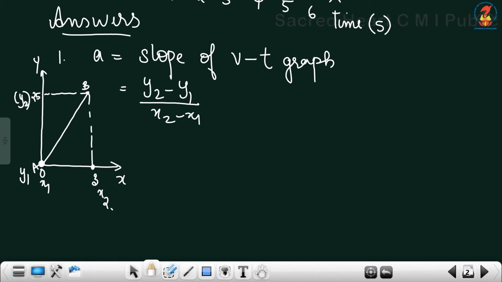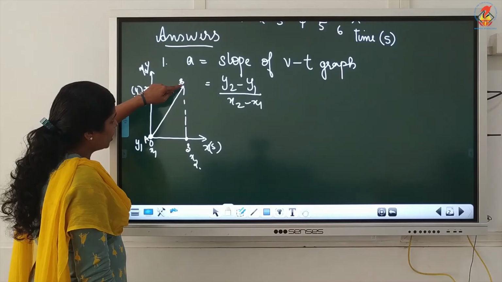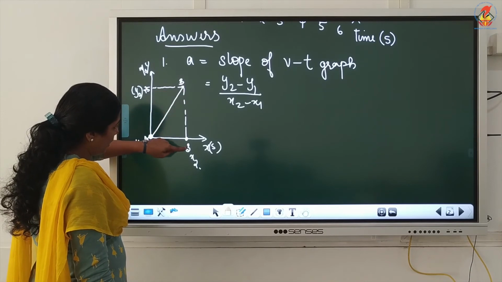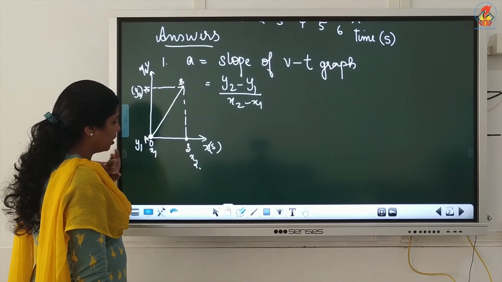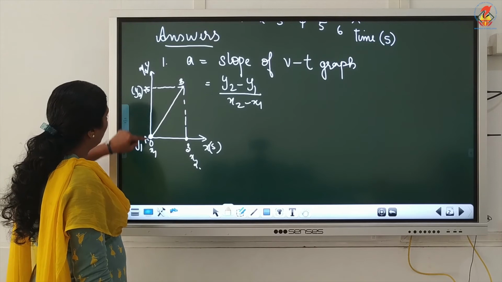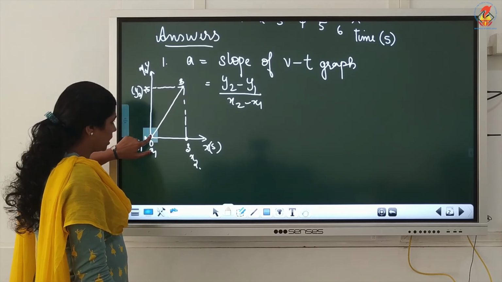B is 25 meter per second, so that is y2. The graph starts from 0, so this one is y1. Then from this point B I have drawn a line to the x axis, so that is x2, and this is x1.